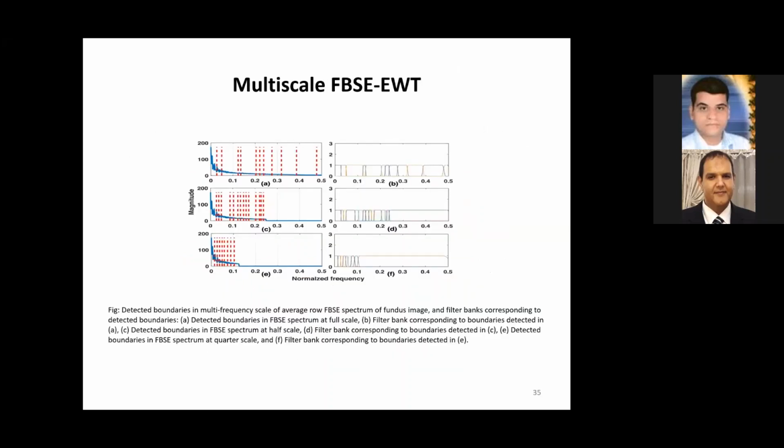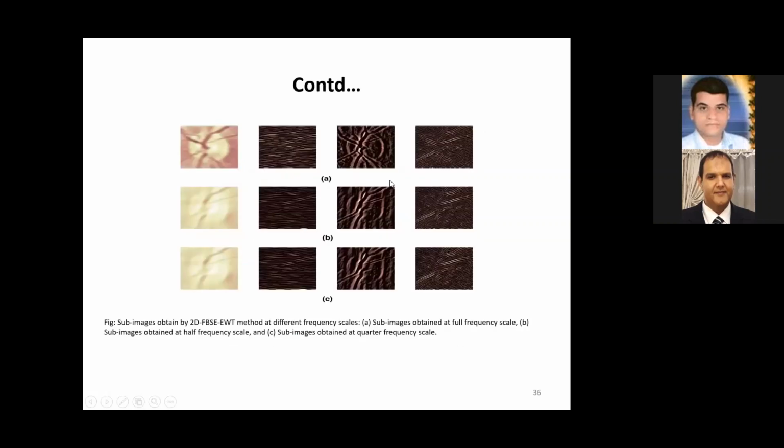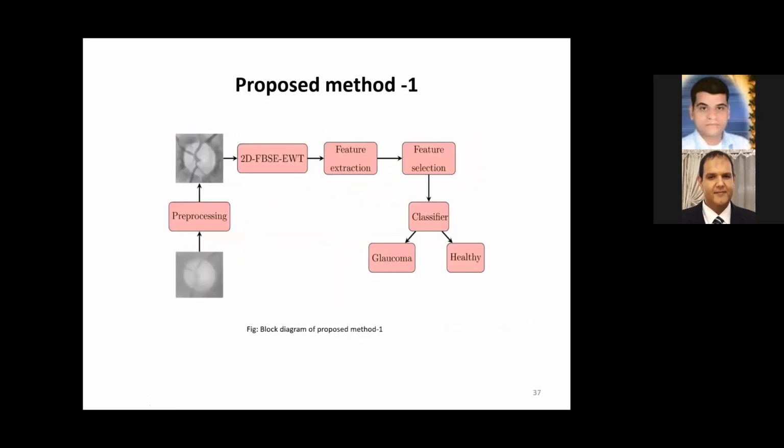And here you can see the corresponding filter banks, and these are the obtained subband images corresponding to different scales: full scale, half scale, and quarter scale. Then in the proposed method, we extract features from these components, then we apply a classifier, and it gives you detection between glaucoma and healthy fundus images.